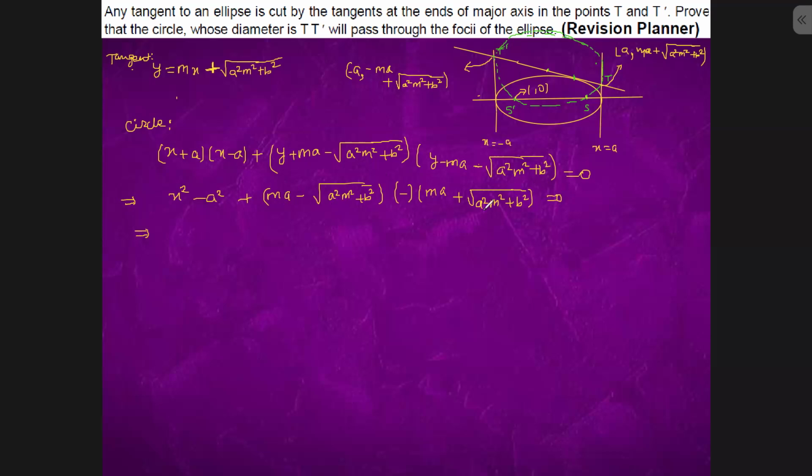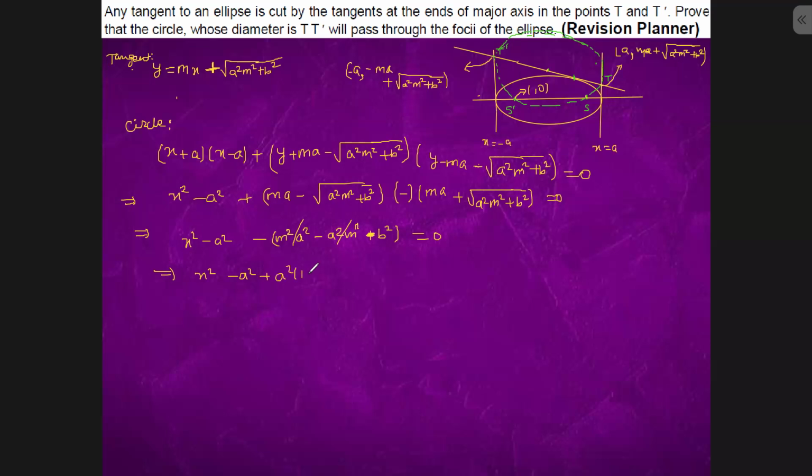This is a minus b into a plus b, which is a square minus b square. This will cancel. This is x square minus a square equals to 0. So we have x square minus a square plus b square.